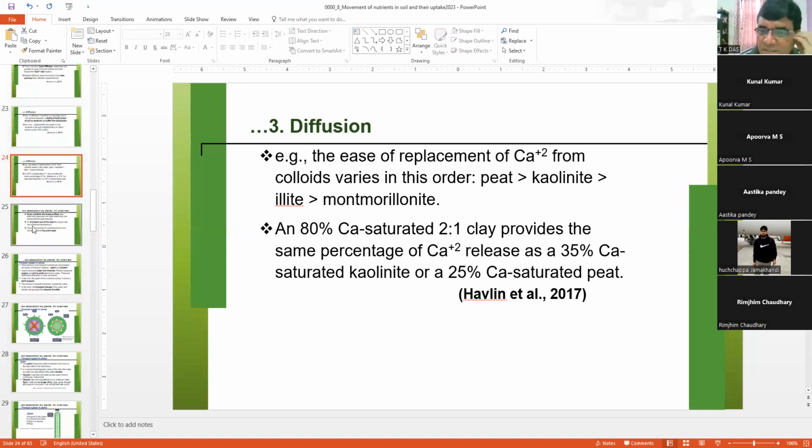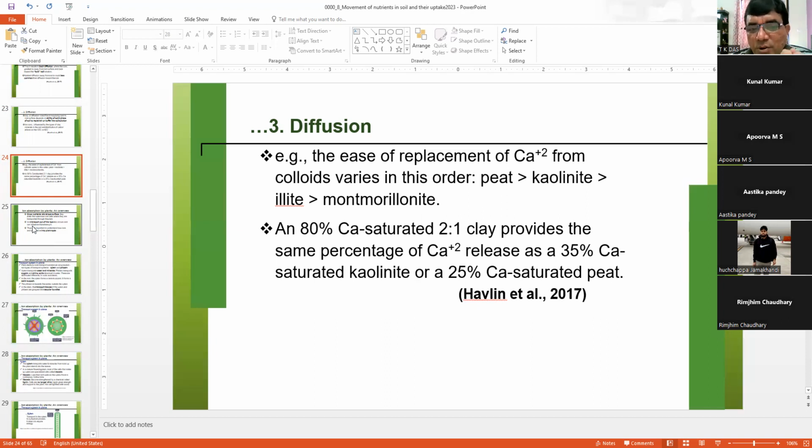Sir, but we know that the cation exchange capacity of montmorillonite is much higher than kaolinite. Then it should release more calcium. See, this is the important point. Your point is that overall, the montmorillonite will have more cations, not just calcium. It will also have other cations. Similarly, peat, kaolinite, and illite will also have other cations. No doubt, montmorillonite will have comparatively more cations, but they are not easily replaced.